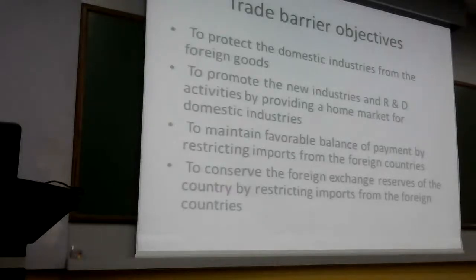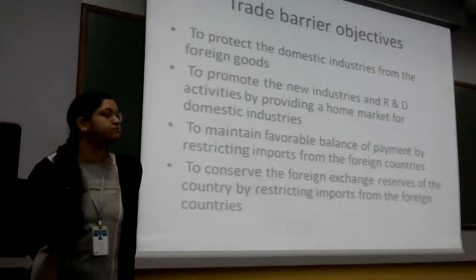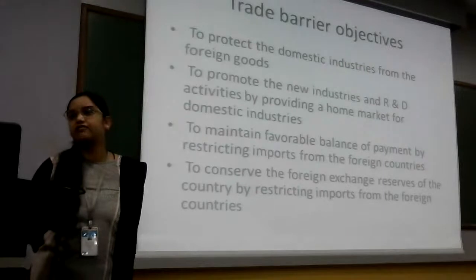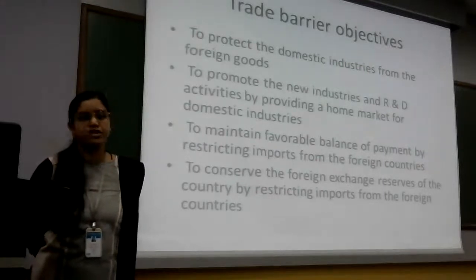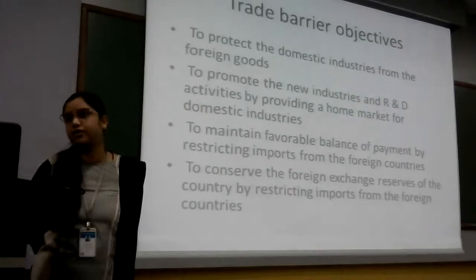Now, to conserve the foreign exchange reserves of the country by restricting imports from foreign countries. You all know that every country should have some foreign exchange reserve. The more foreign exchange reserve, the more beneficial for the country.